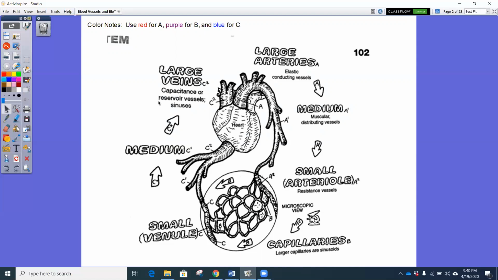At any given time in your body, about 60% of your blood is found in these large veins, in the capacitance and reservoir vessels. Okay, meaning that the remaining 40% is kind of zooming down this water slide through the arteries, delivering that oxygen, and then we lazy river it back, 60% of the volume, back to the heart.